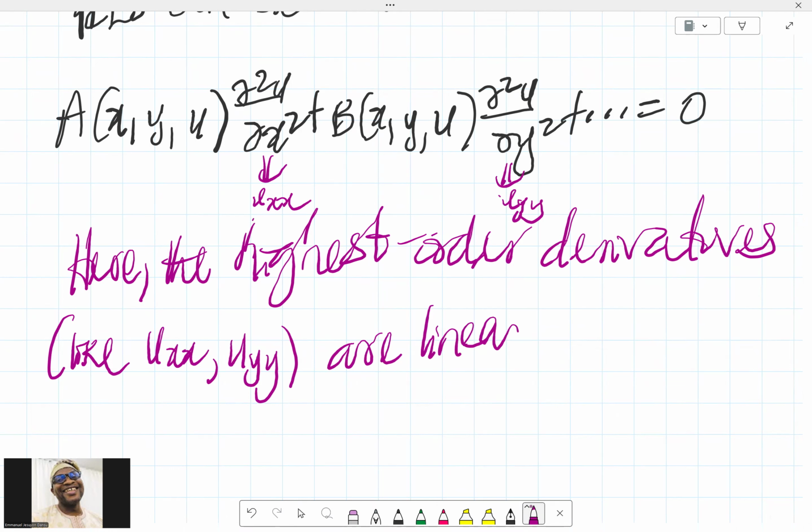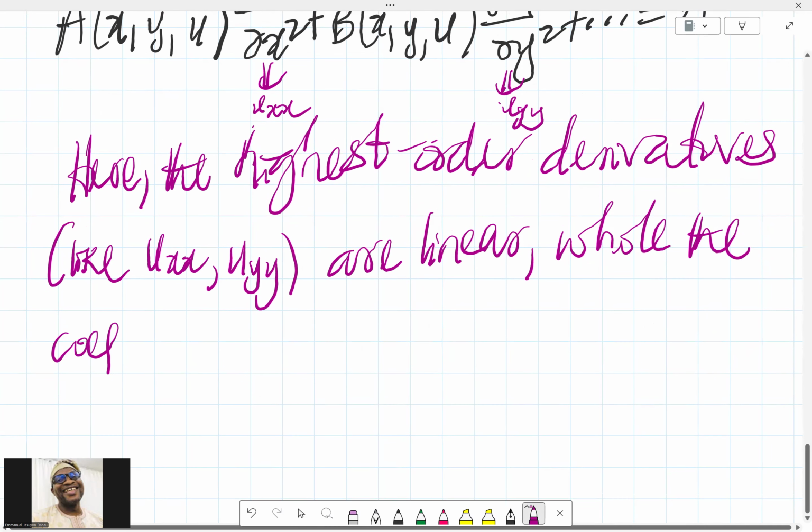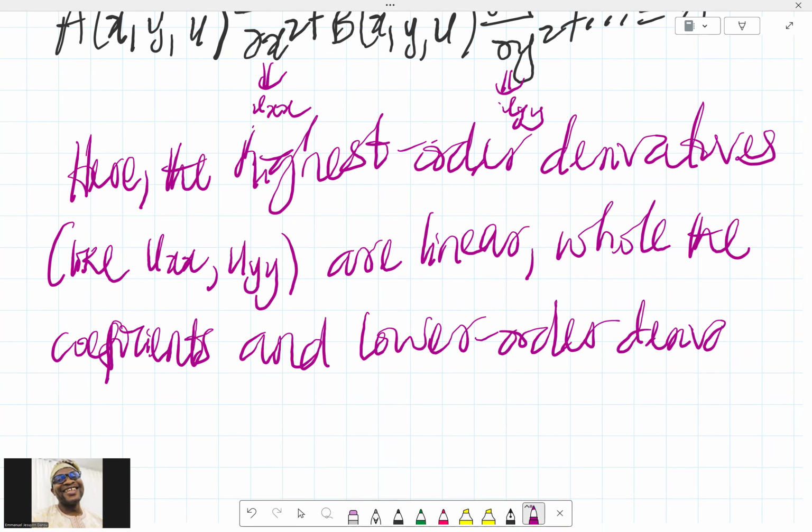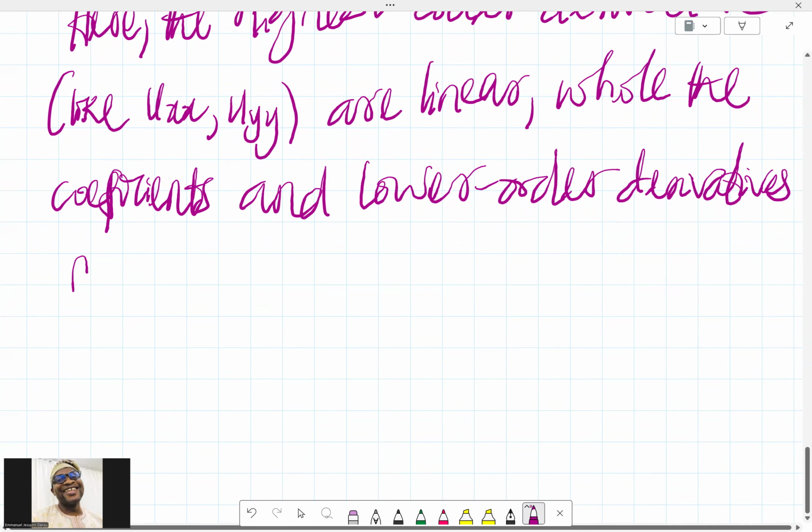So they are linear, while the coefficients and lower order derivatives may be nonlinear.